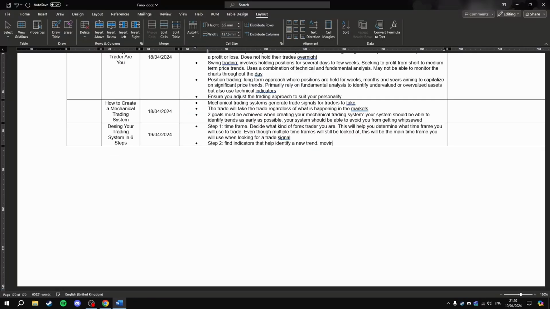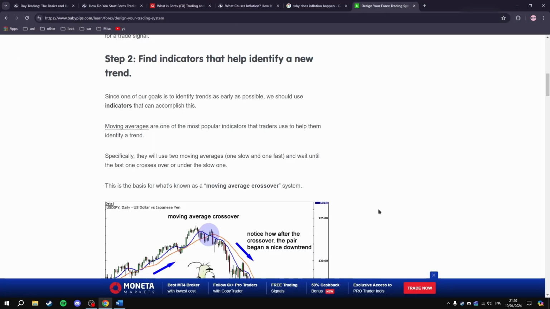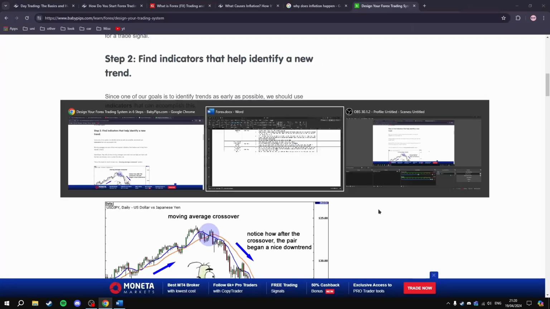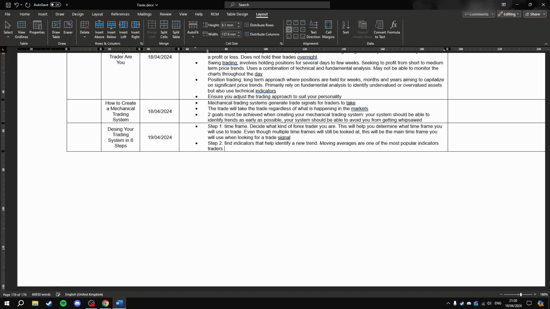Moving averages are one of the most popular indicators traders use to help them identify a trend.